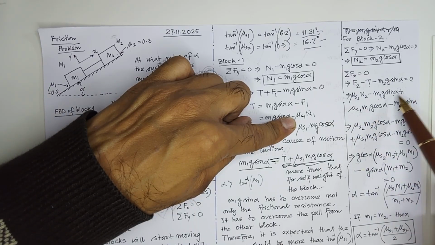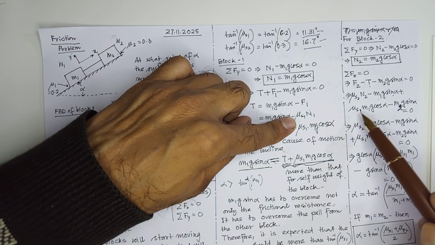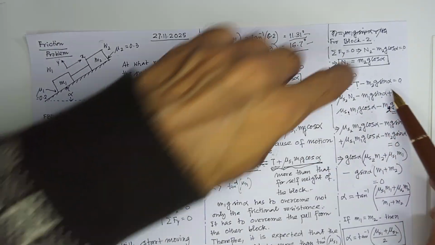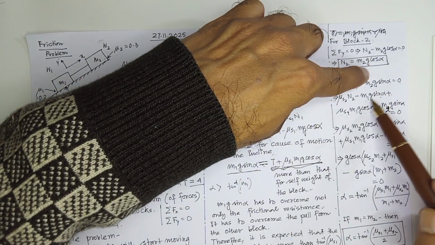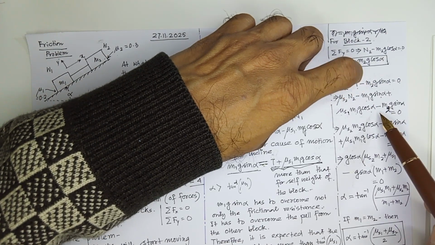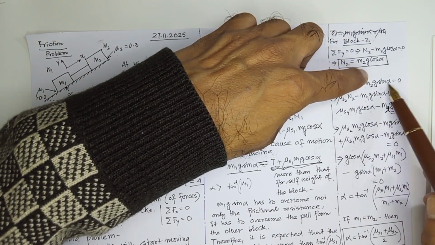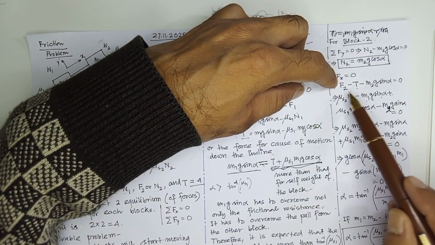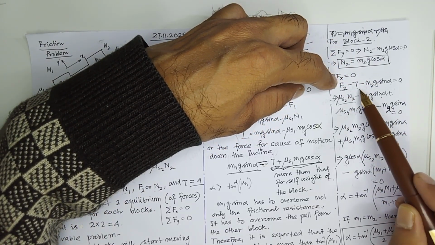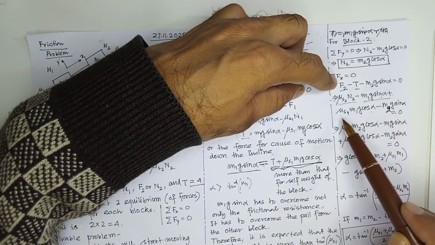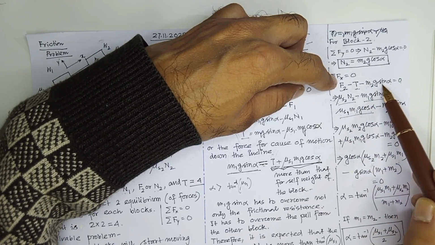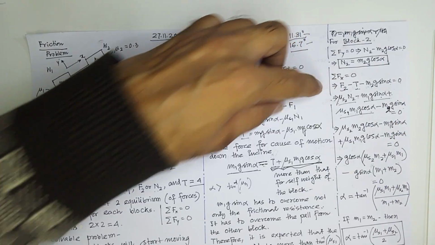So minus minus plus, mu s1 m1g cos alpha, minus m2g sin alpha. So f2 is equal to mu s2 n2, t is equal to this minus this, so that is plus because of minus, and m2g sin alpha comes here.